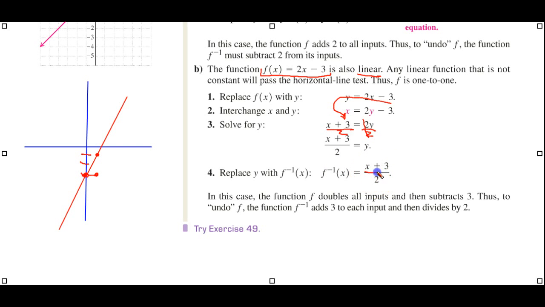And I'm very pleased they put the horizontal division bar. In this case, the function doubles all inputs, then subtracts 3 up here. Double the input, subtract 3. So to undo it, we must, as they say, add 3 to each input and then divide by 2.